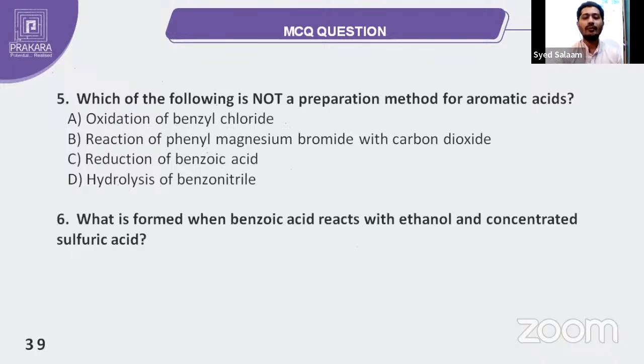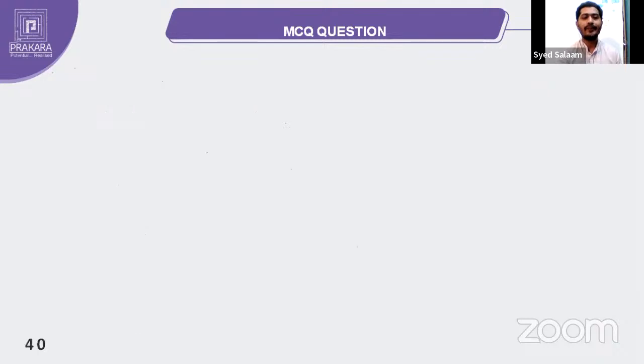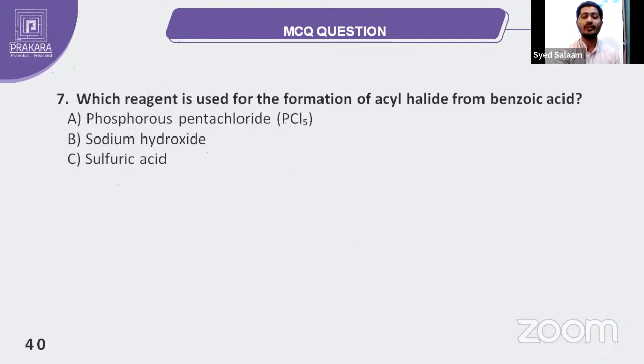What is formed when benzoic acid reacts with phenol in the presence of concentrated sulfuric acid? Benzoyl chloride, ethyl benzoate, benzyl alcohol, or sodium benzoate? Which reagent is used for formation of acyl halide from benzoic acid? Phosphorus pentachloride, sodium hydroxide, sulfuric acid, or nitric acid?